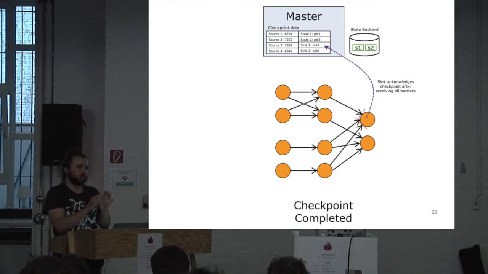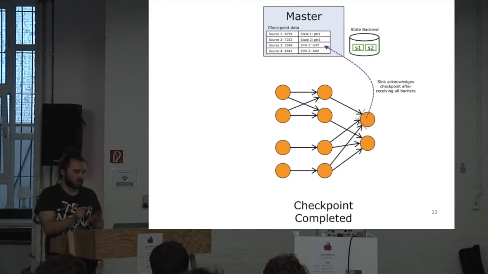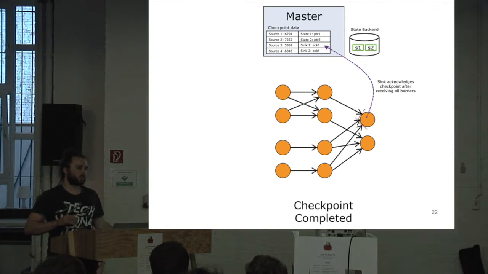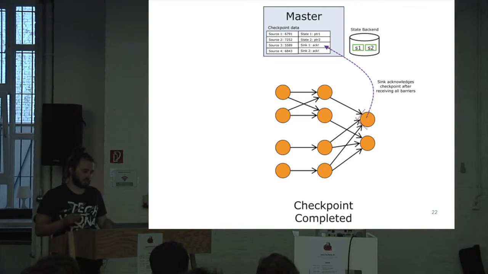So the transaction I was talking about was at an operator: the processing of the element, the update of the state and the emission of the result of this processing is one transaction. But looked at in separation in each operator, we have these transactional updates.